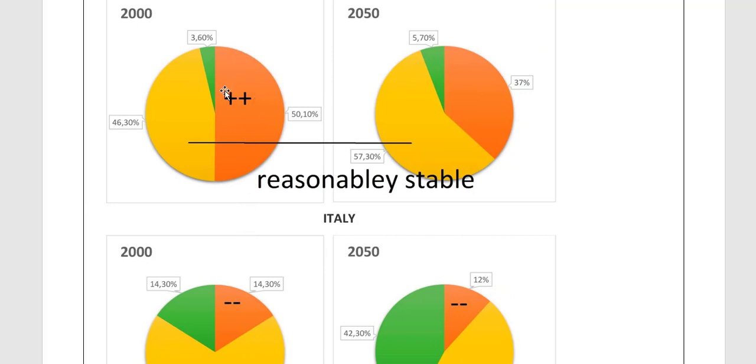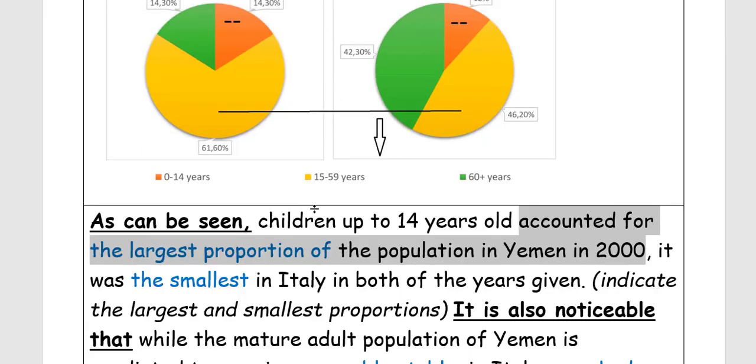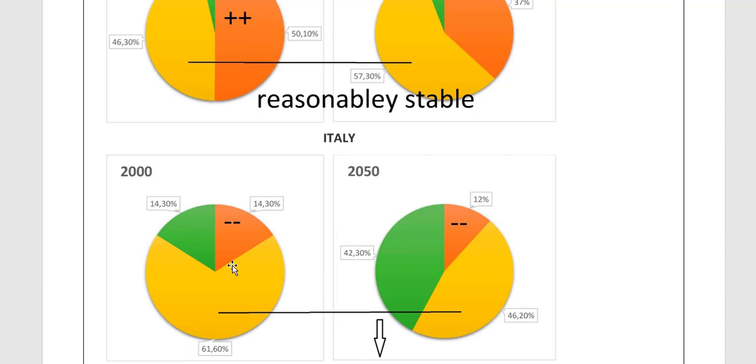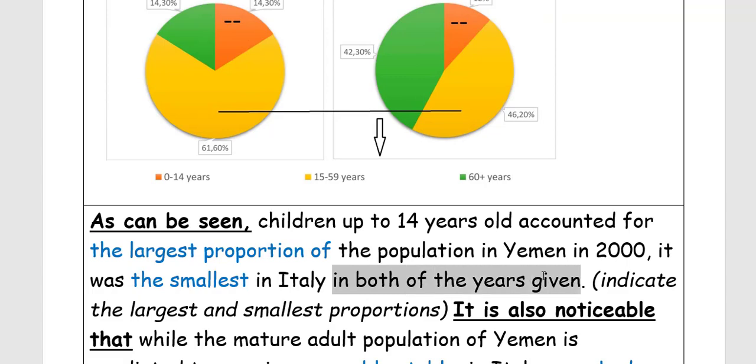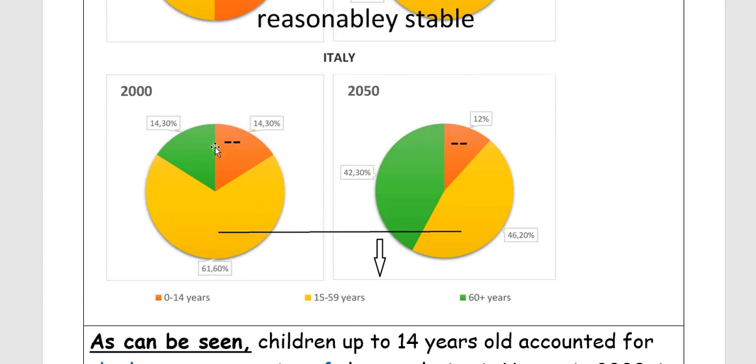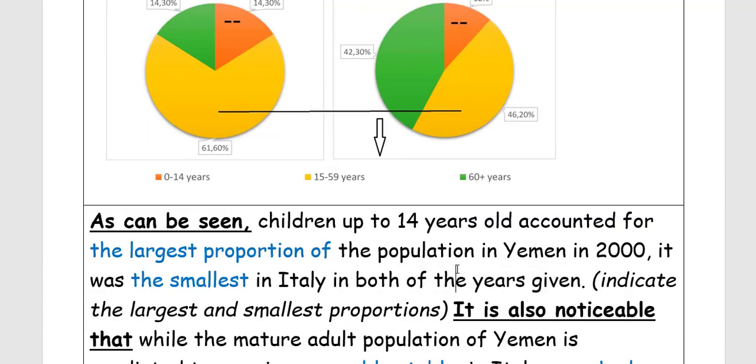It's obvious that this proportion was the largest, and therefore here I indicated plus, which is the largest. It was the smallest in Italy. If you look at Italy, you can see that this proportion was the smallest, and therefore I wrote minus, which means the smallest in both of the years given. So here it was the smallest in 2000, and it will be the smallest in 2050. So indicate the largest and smallest proportions.